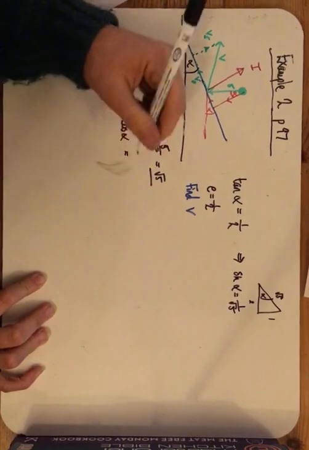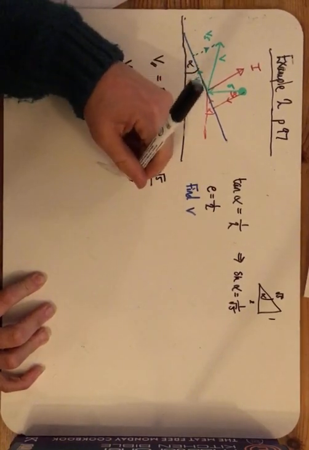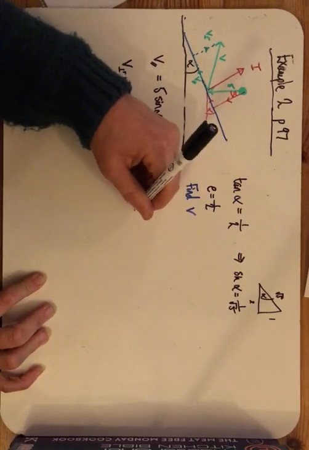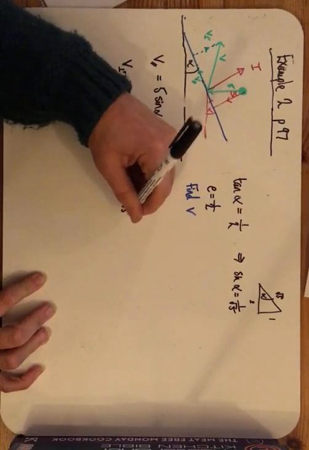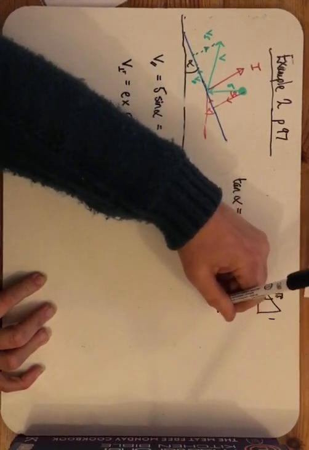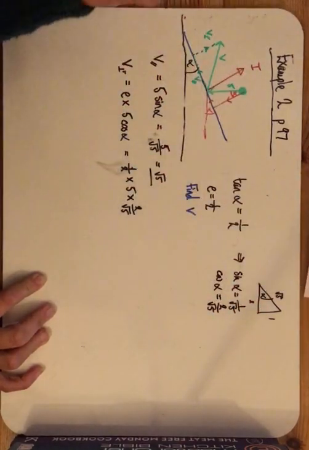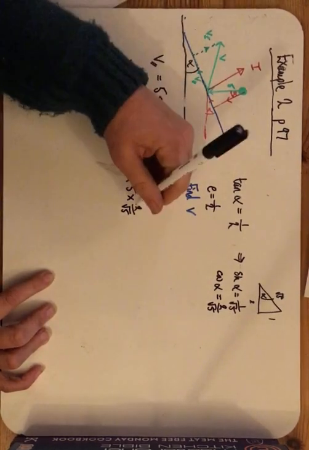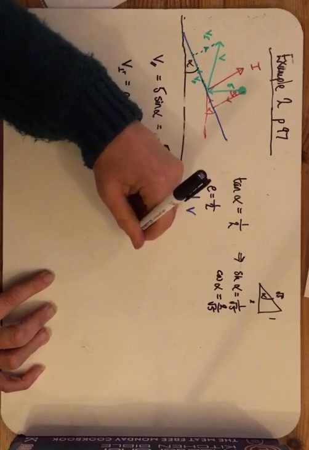So e is a half. So 1/2 times 5 times cos alpha, which will be 2 over root 5 from here. And working that lot through, that is also equal to root 5.